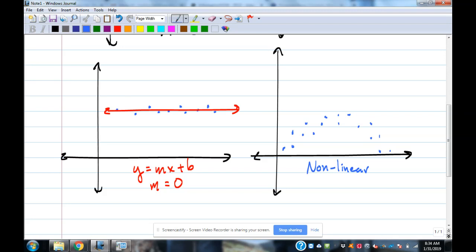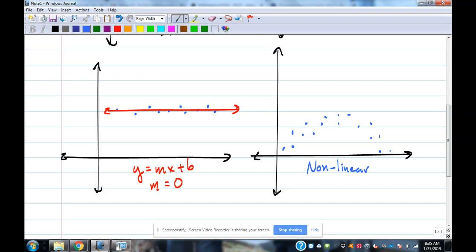It could be a sine curve or a cosine curve, something like that. There are a ton of nonlinear functions that could happen, and depending on the context of the problem, which one we would shoot for and try to get for an equation. Our focus in 4.2 is this linear relationship.